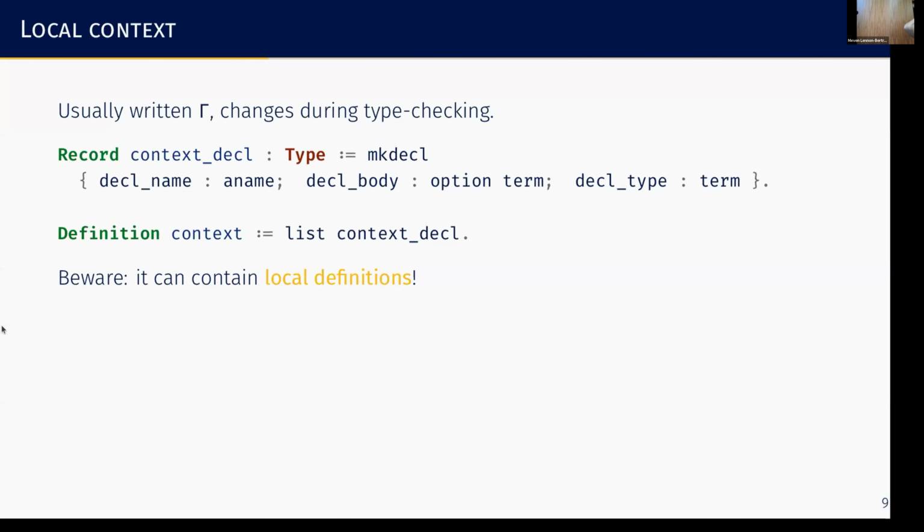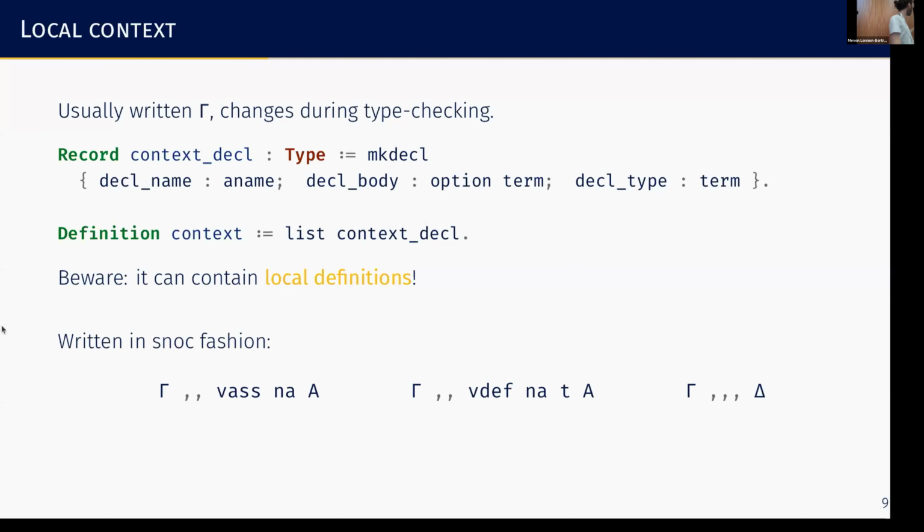That's maybe not too common in simple lambda-calculus settings, but that's what we have here. So you have to be a little bit careful about this. And we write it in a snoc fashion. So this would be gamma extended with an assumption, so something without a body. That's just a notation for it. And here, extended with a definition, and this is for context concatenation. You'll probably see these things quite a bit around.